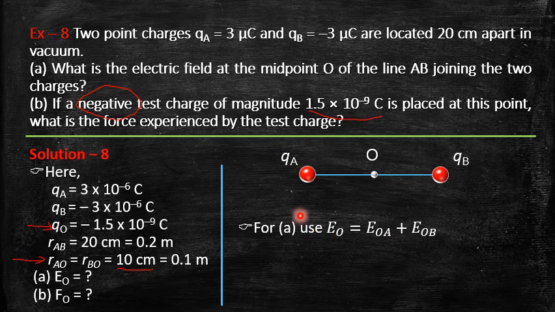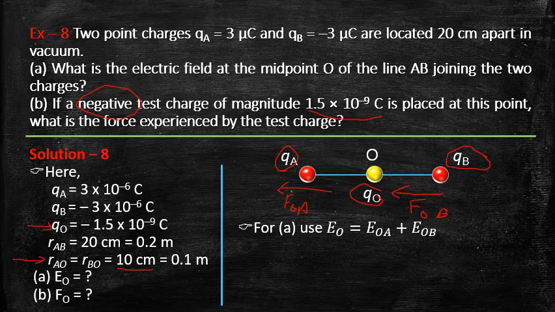Now when we place the third charge QO at the midpoint and we are asked to find the force on QO, what should we do? We know that A is a positive charge and O is a negative charge. So what will A do? It will pull O towards it. So this is the direction of force on O due to A, isn't it? And then B is a negative charge, QO is also negative, so both will repel, so B will push O away, and the force on O due to B is also in the same direction as FOA.